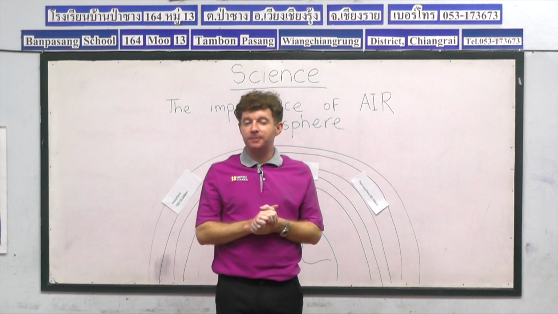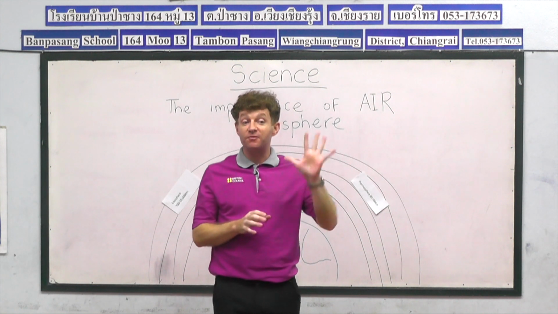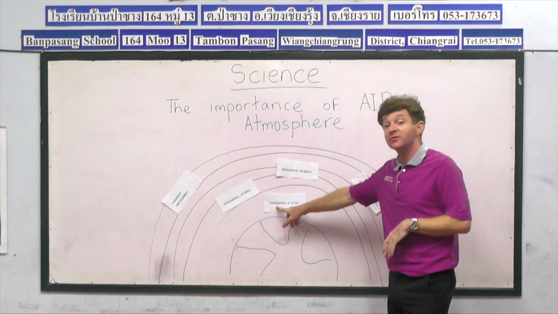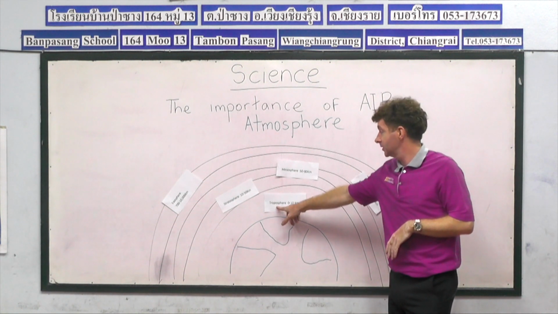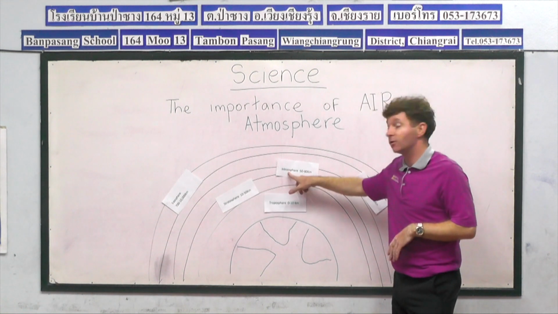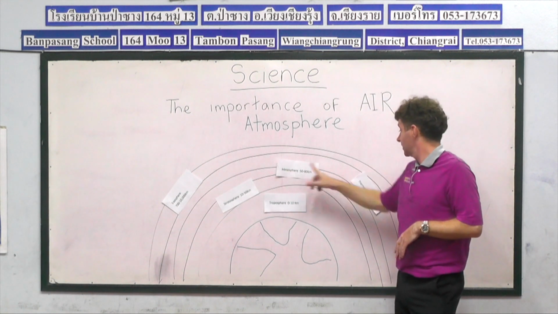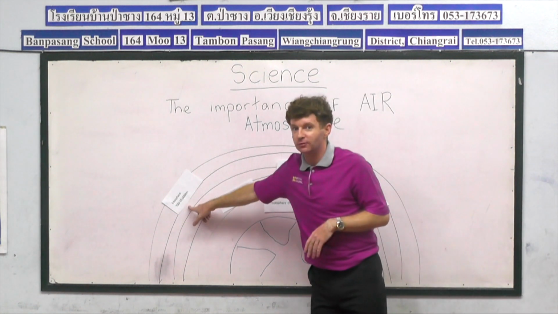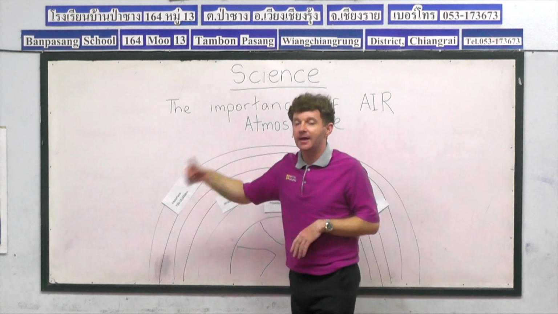So let's practice speaking one more time, guys. We've got the 5 layers on the board now. We've got troposphere, stratosphere, mesosphere, thermosphere, exosphere. Excellent.